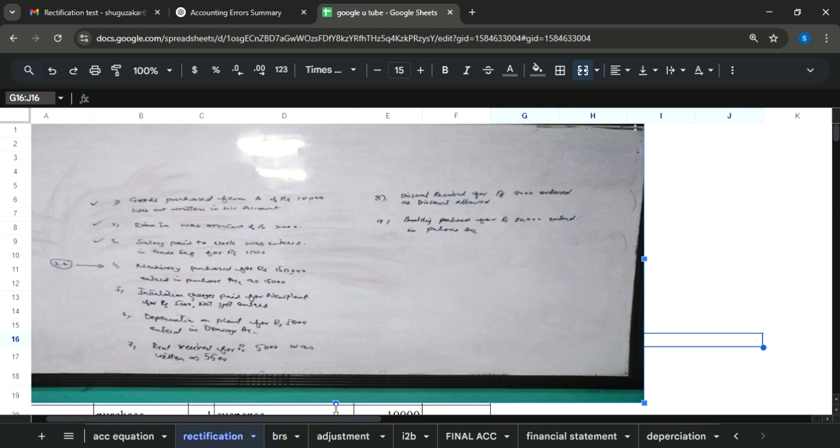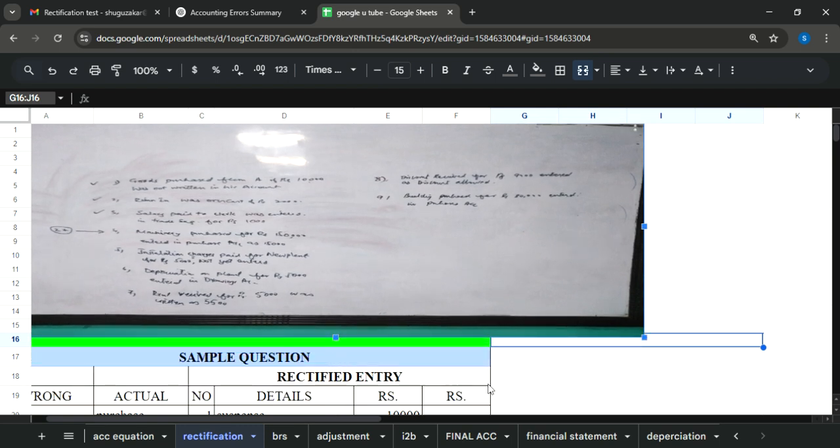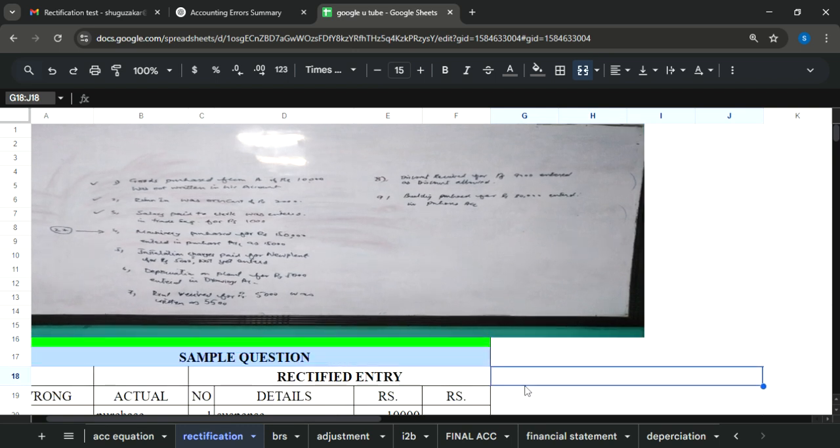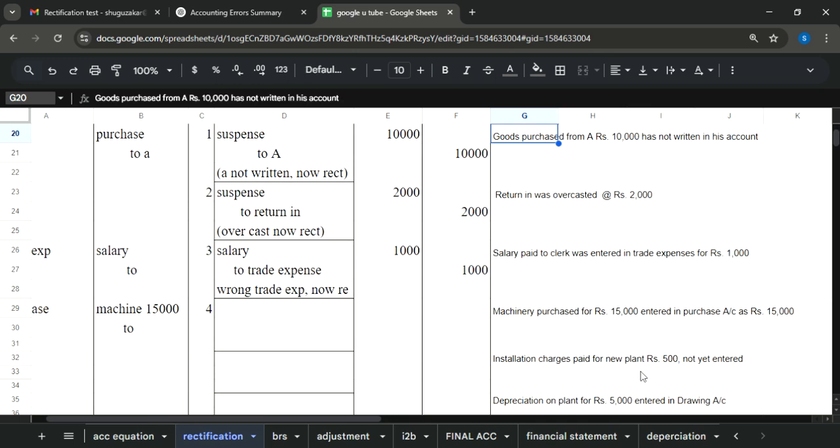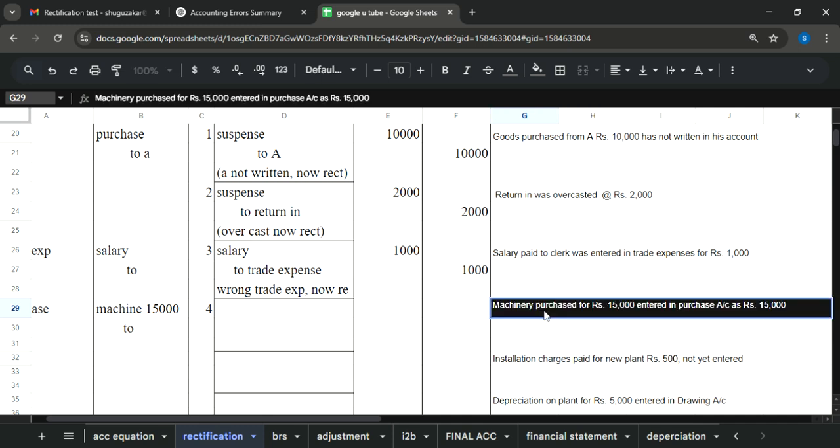All right. So first amount was 150,000. This is the fourth entry, and we are now going to change this amount. Original amount was 150,000 and by mistake we have written 15,000.